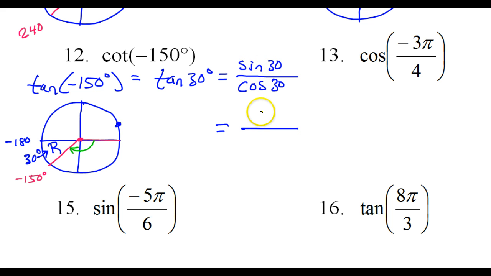Alright, sine of 30 degrees is 1/2. Cosine of 30 degrees is radical 3 over 2. So when you do the tangent and you divide, you notice how the denominators are the same. So it's going to wind up being just the numerators, 1 over radical 3. Okay, so now I've got this 1 over radical 3 happening.